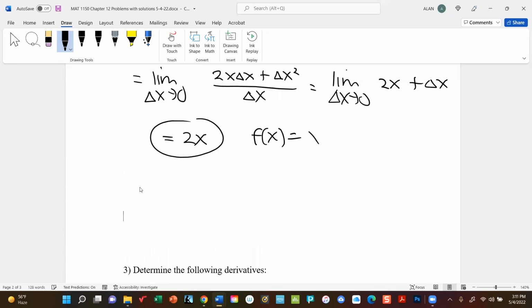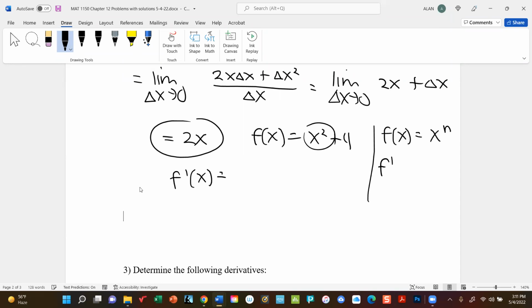f prime of x equals. Now, when we have an expression like this, let's remind ourselves, this is the power rule, n x to the n minus 1.